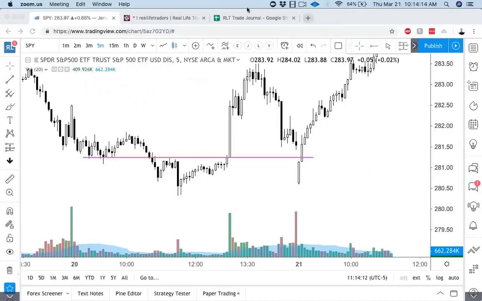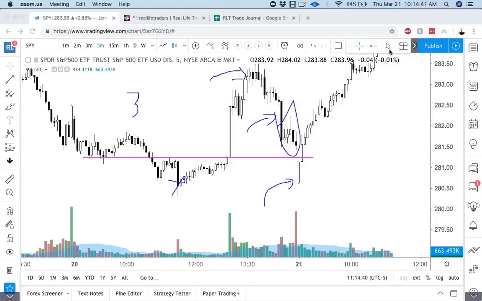So oftentimes when you see traders get whipsawed in and out, in and out of positions, it's because they'll go bearish here, and then they'll go bullish here, and then they'll go bearish here, and then they'll go bearish here. And they'll end up losing on 3 out of those 4 trades and have a very small winner right here where they went bearish.